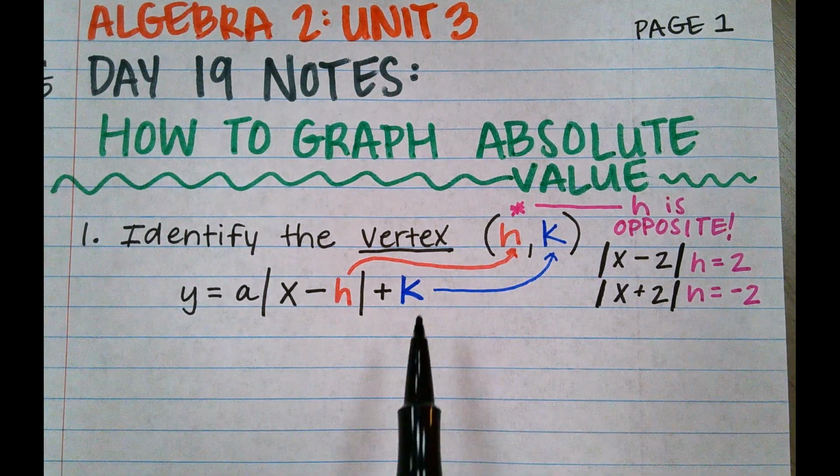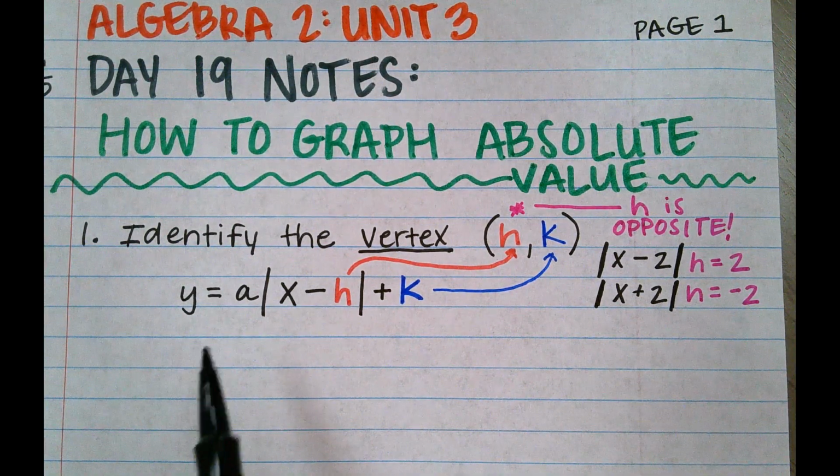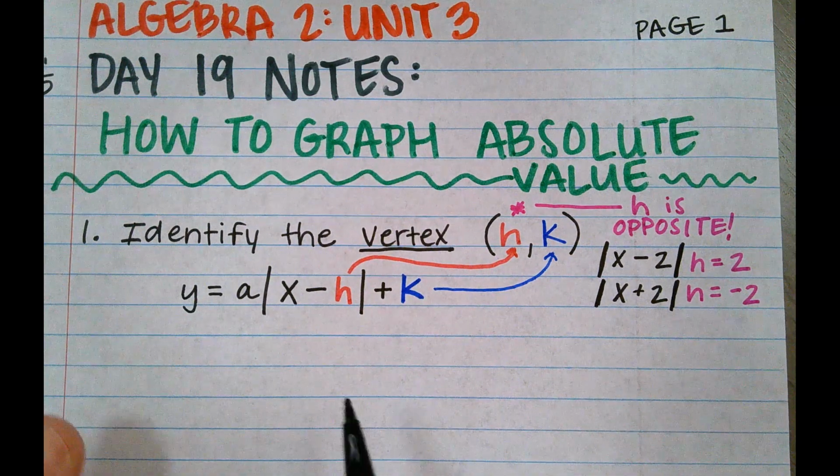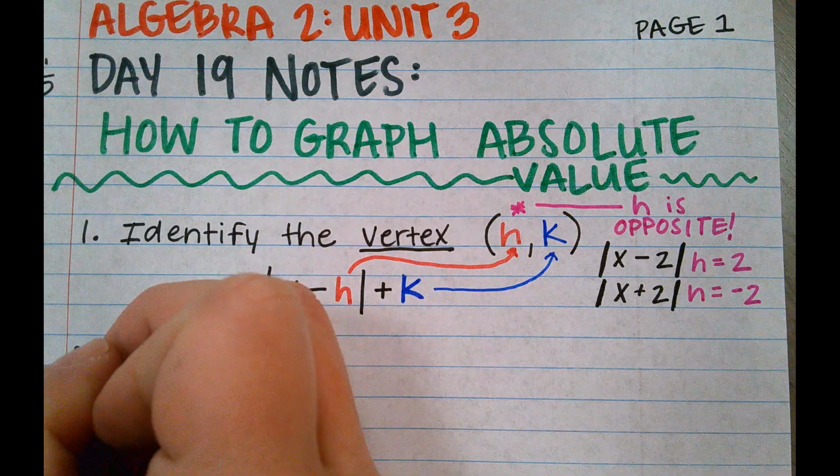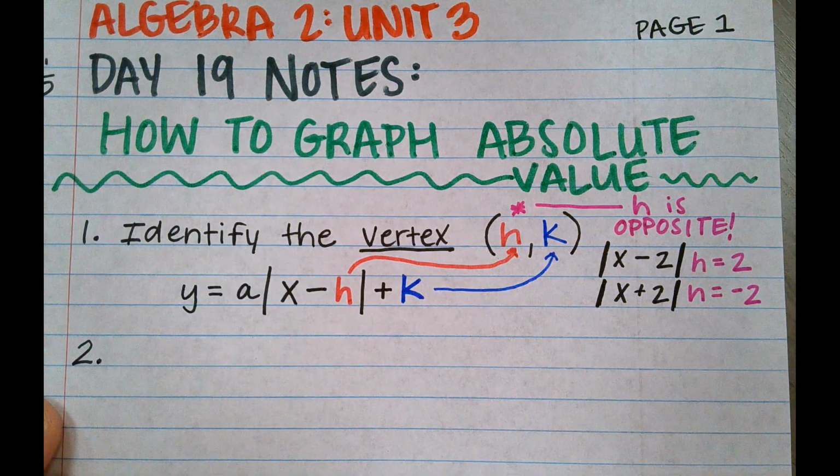So you've identified your vertex. We're going to plot that as a point on the graph. And step 2 is to identify your slope.